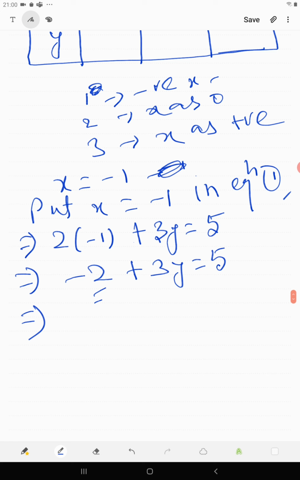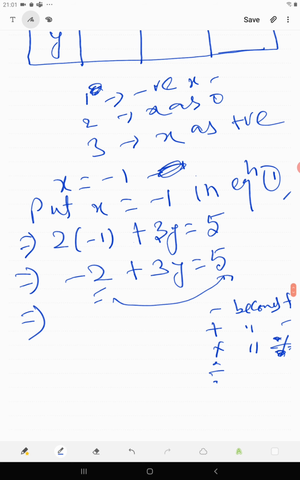If we take it towards the right hand side of the equal to, the minus becomes plus, plus becomes minus, into becomes division, and division becomes multiplication.